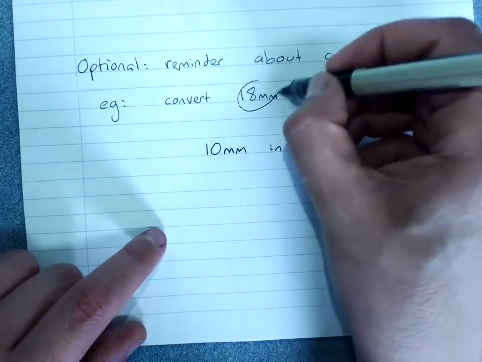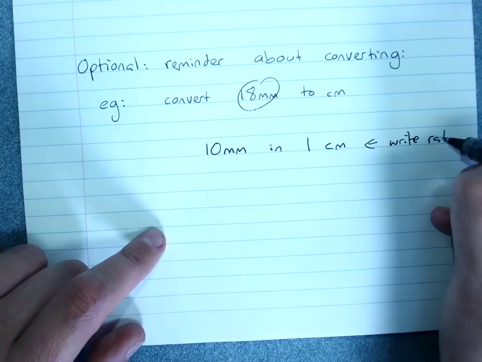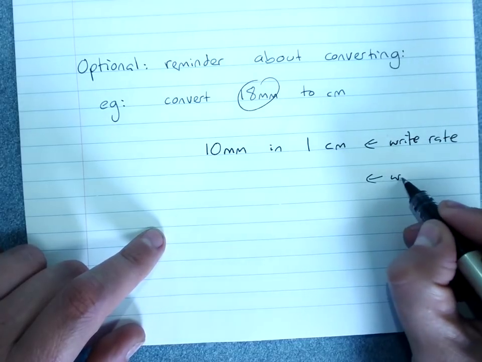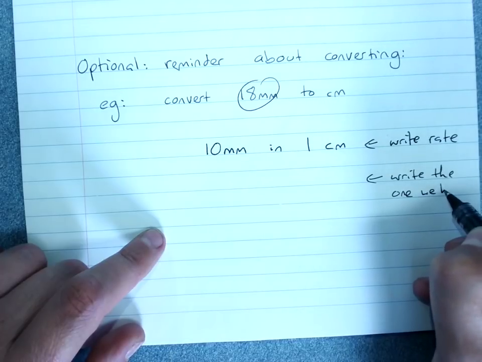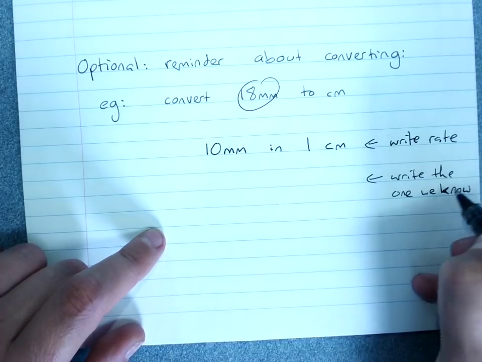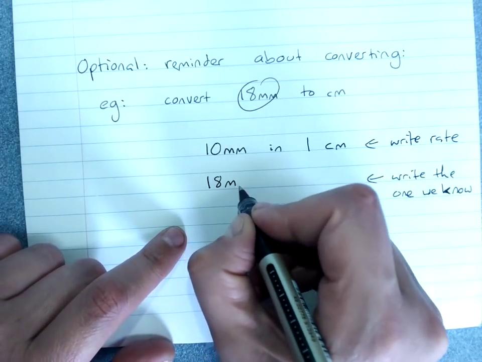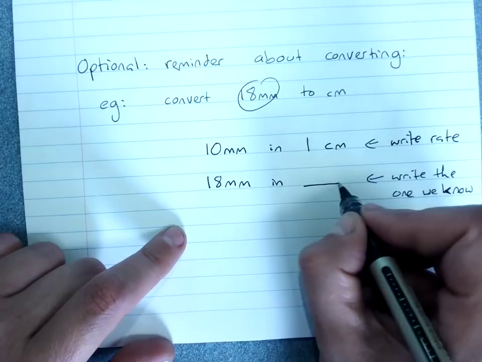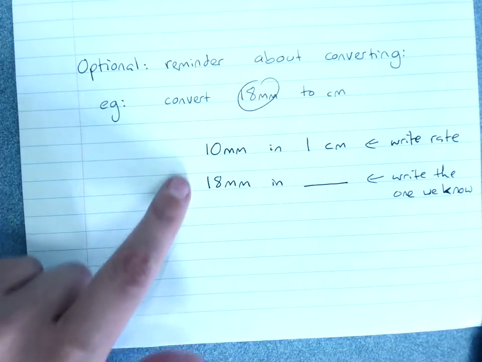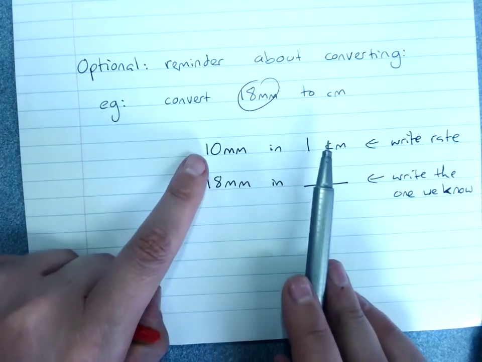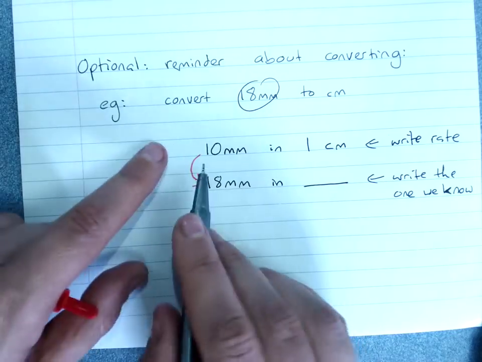Write in the one that we know. Write the one we know. So I know 18 millimetres. And this is what I want in how many centimetres. So you remember, I need to work out what did I multiply 10 by to get 18.